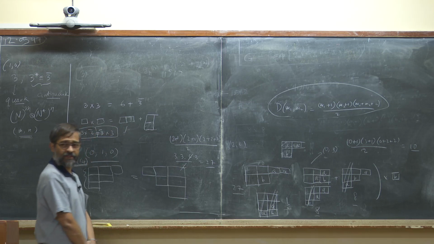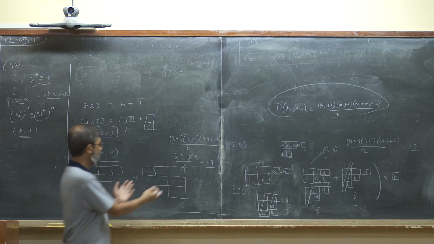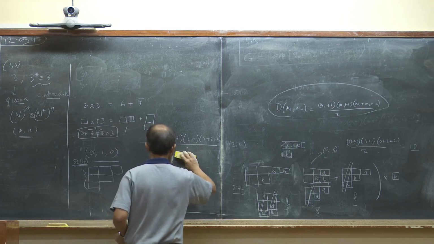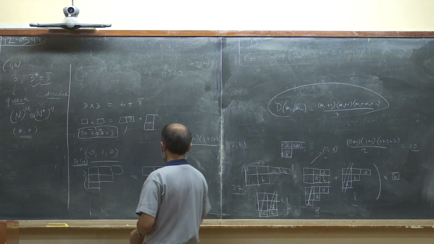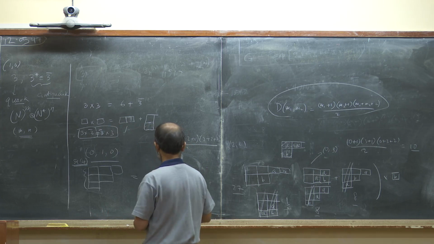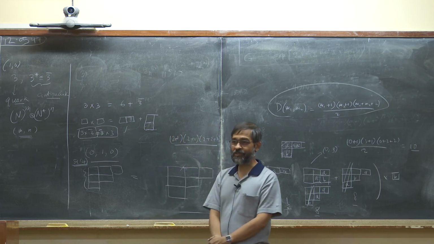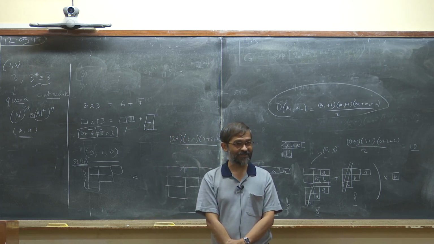To make this a valid Young tableau, you flip it around the vertical axis, so it becomes 3, 2 and 1. So this particular representation turns out to be a real representation.